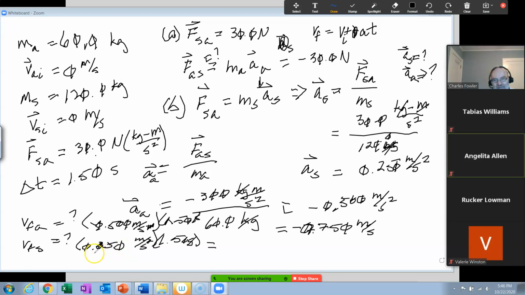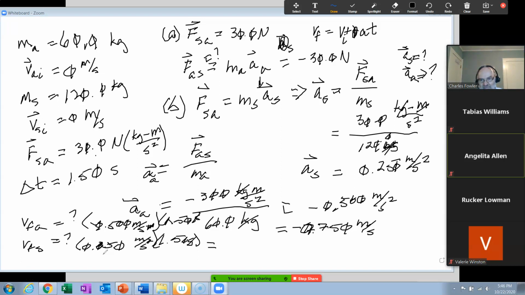I can't read my writing, that's what the problem is. I'm going to use my calculator on that one because I'm late enough in the day and tired enough. The old brain is hurting. If I can read my writing, that's 0.250. I'm just going to put 0.25.